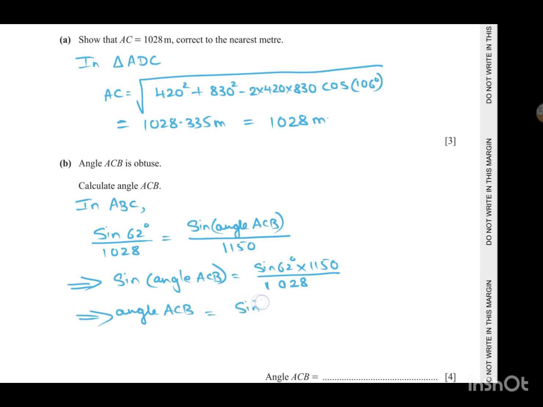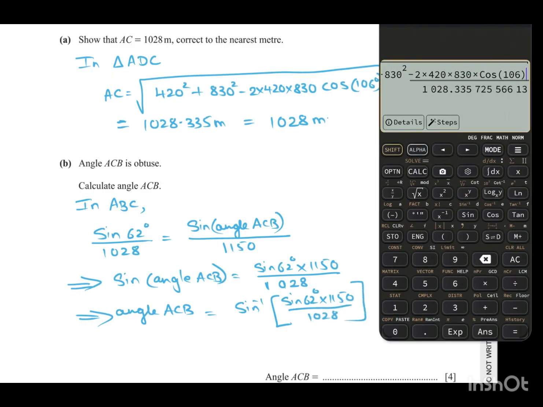Sine inverse of sine 62 into 1150 by 1028 will be 81.016.